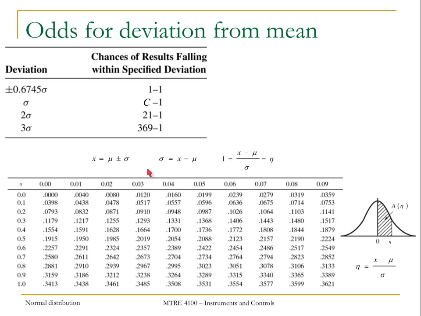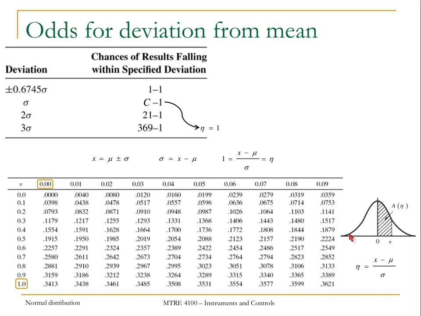So we can just substitute mu plus sigma into this equation and we end up with sigma over sigma, which tells us that eta equals 1 for that case. So if x equals mu plus sigma, then eta equals 1. So we want to find the probability of having values between eta equals -1 and eta equals 1. Using our integral table, if eta is 1.00, then the area under the curve from 0 to eta is 0.3413.